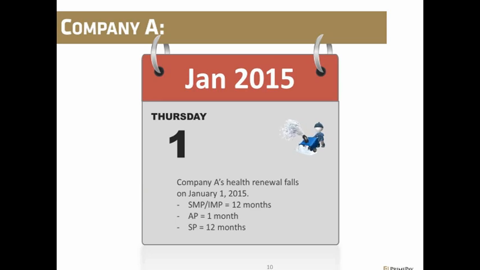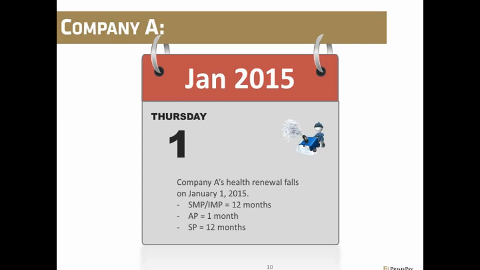So I'm going to show 3 companies, company A here. The first one I'm going to reflect is a company that has a January 1, 2015 renewal. We certainly have many employers whose health plans renew at the beginning of the year, so let's start with an easy one as we get started. Company A's health renewal falls on January 1st, 2015.